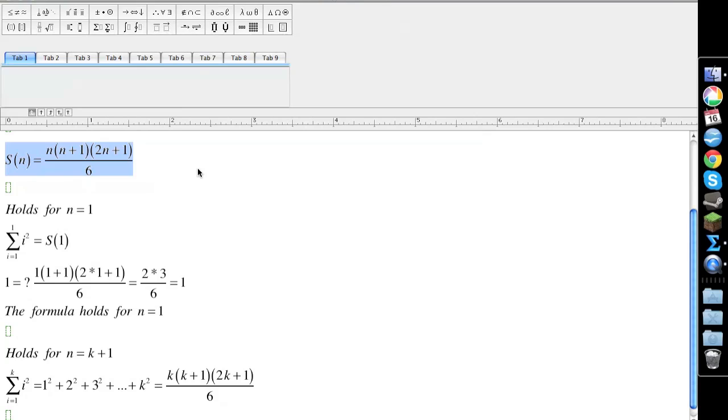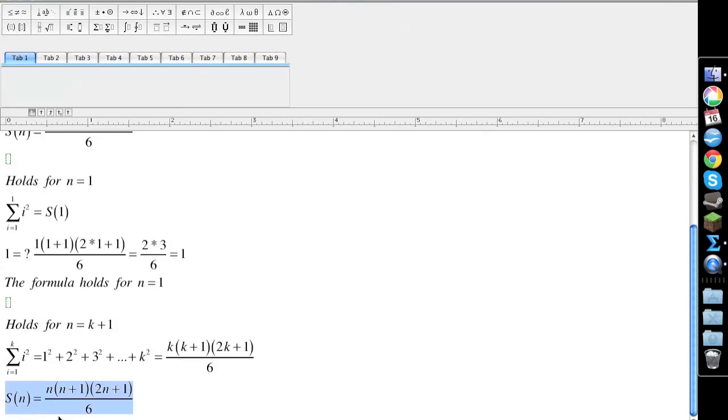So the formula for n equals k plus 1 will be S of k plus 1, and then I put k plus 1 here, and instead of this n right here I put k plus 1, and instead of this n I put k plus 1.